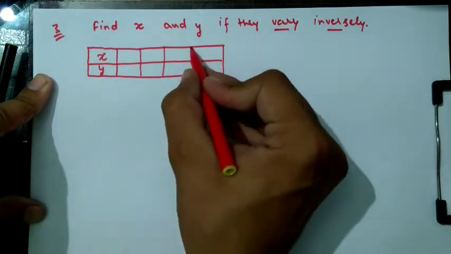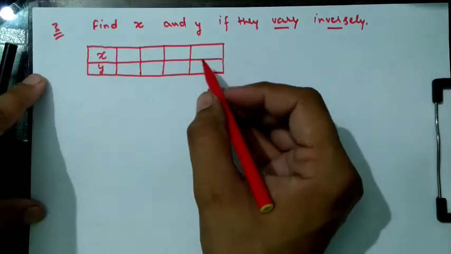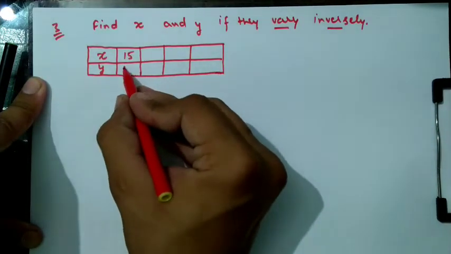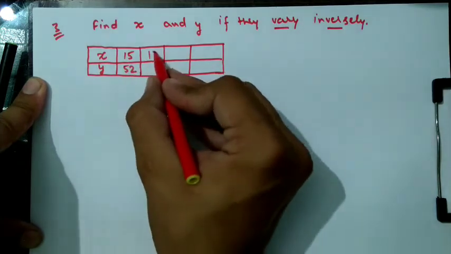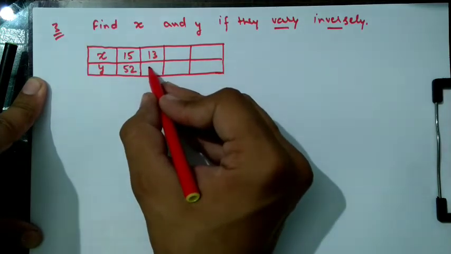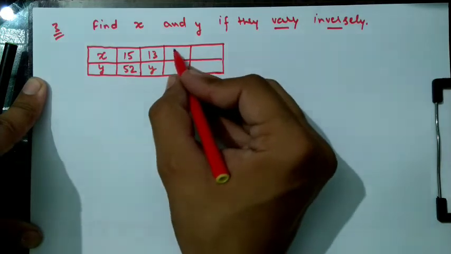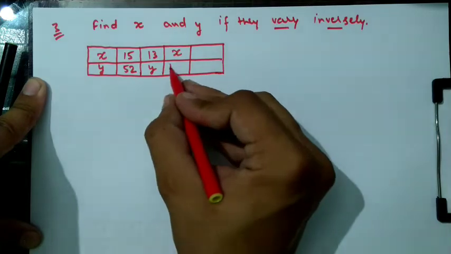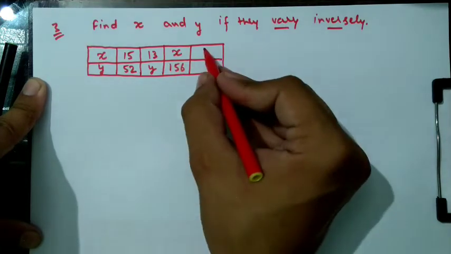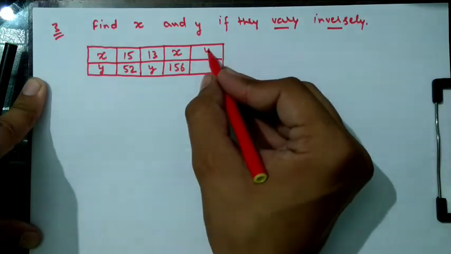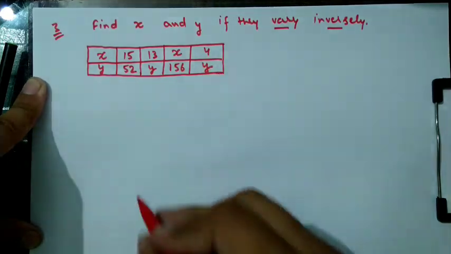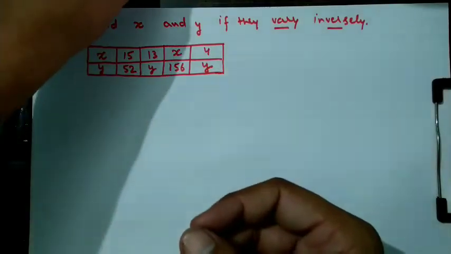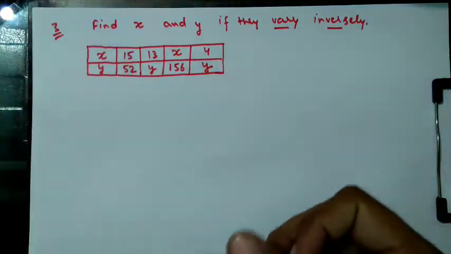So I will write the values of x and y first. x is 15, 52, 13, and here y. Next, x is 156, here is 4, and here is y. Okay, so now again the same method, with a little change.